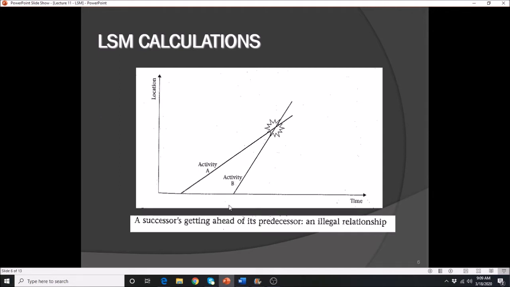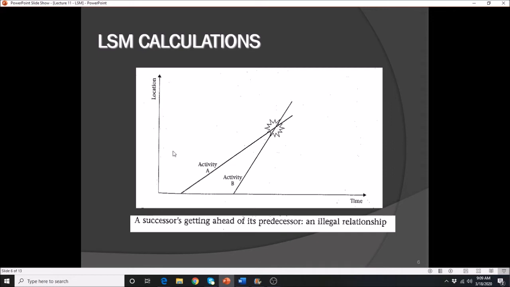This is a graphical representation that if you are going to bring in your resources and start an activity B, along the way your resources or your manpower, because probably they are faster, will be able to catch up somewhere or sometime.